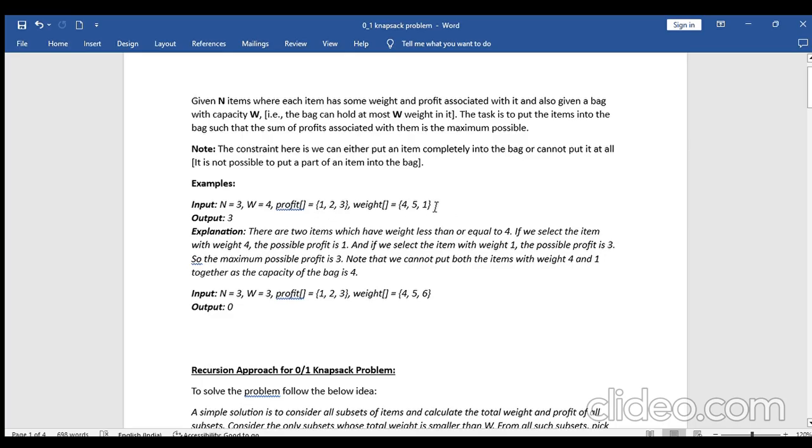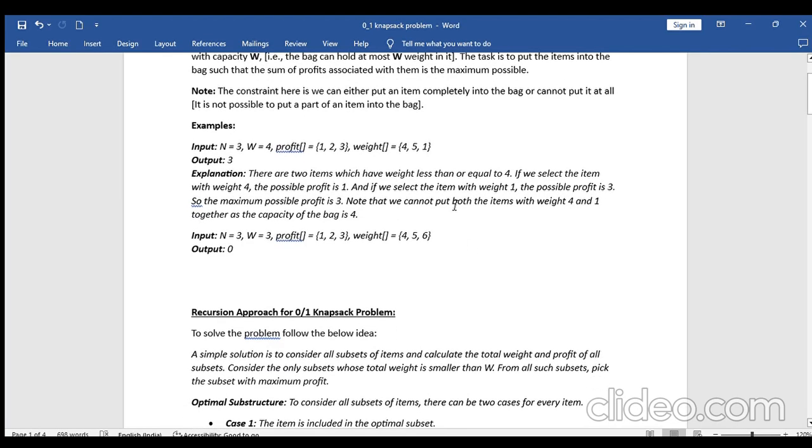But if we consider weight 1, we can take it 3 times, and it will still have a weight less than the overall weight. So the maximum possible profit is 3. We cannot put both 4 and 1 because the total weight will be more than the weight allowed.